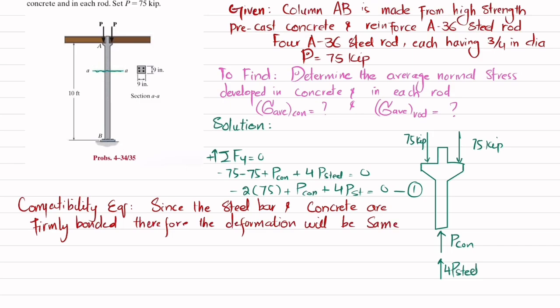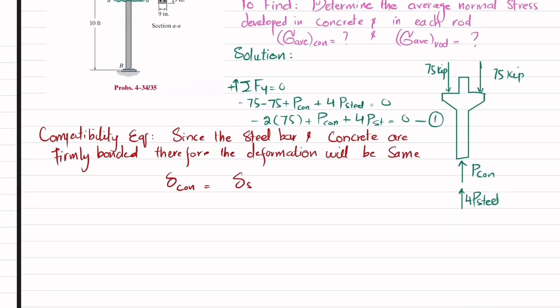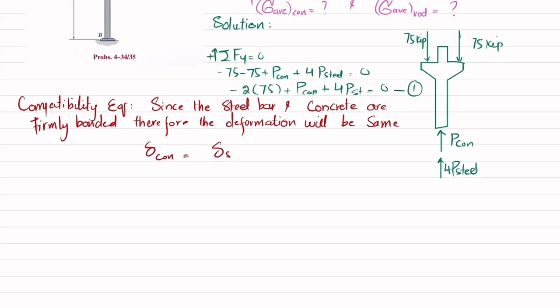So we will write: deformation of concrete will be equal to deformation in steel rod. We know deformation is equal to P L divided by A E. So P concrete times length of concrete divided by area of concrete times modulus of elasticity of concrete is equal to P steel times length of steel divided by area of steel times E of steel.